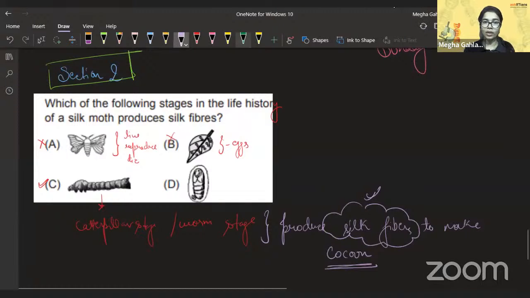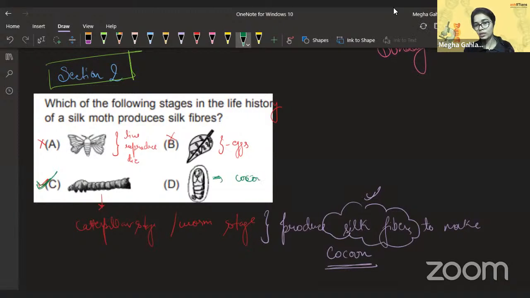So there we have it. Our answer is option C, right? Because once it is inside, the cocoon hardens and there is no use of those silk fibers in the first place. You have to get them as soon as they're produced, right? As soon as they're produced.